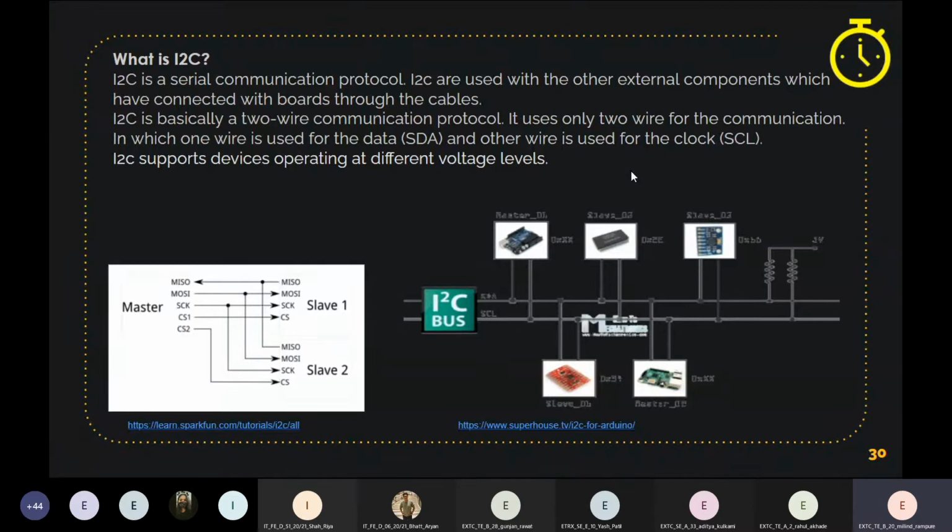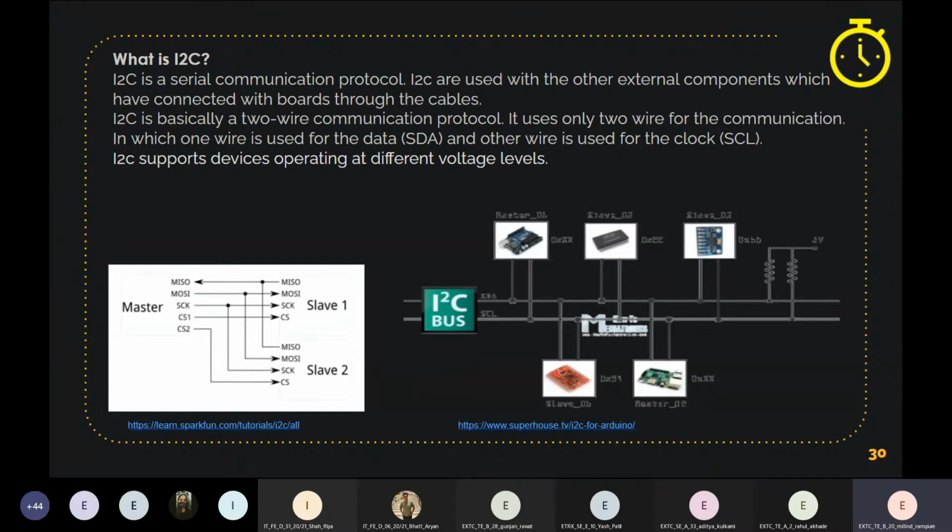That's how the I2C protocol works. You just need to understand what I2C is; we will not be getting into it in depth. I2C also supports devices operating at different voltage levels.